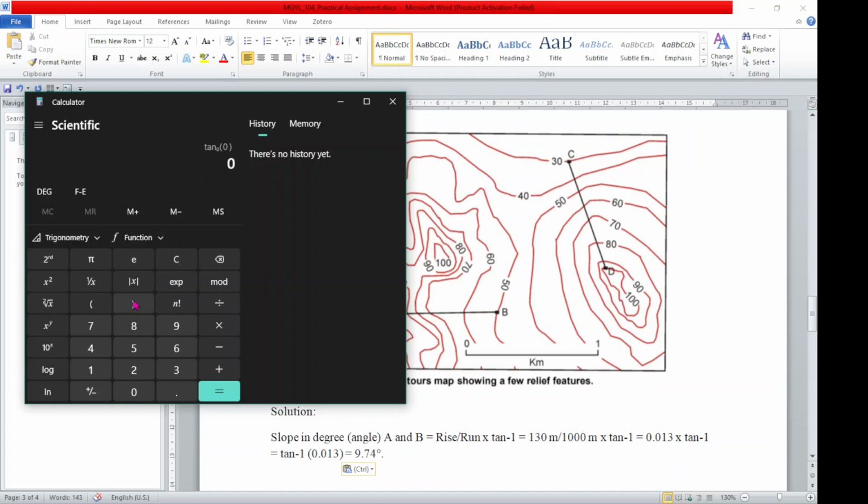So this is tan inverse. Let me figure out how it is to be done.